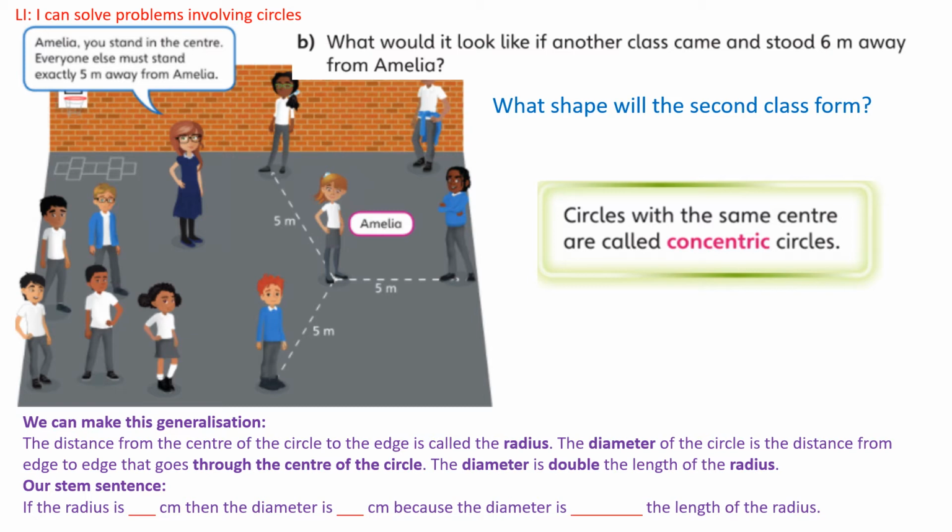It'll be bigger, isn't it? Because 6 metres is bigger than 5 metres. And circles that have the same centre point, they're actually called concentric circles. That's a bit difficult to say. Concentric circles. There's another word for you to remember.